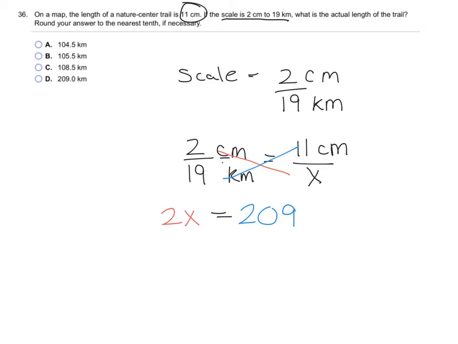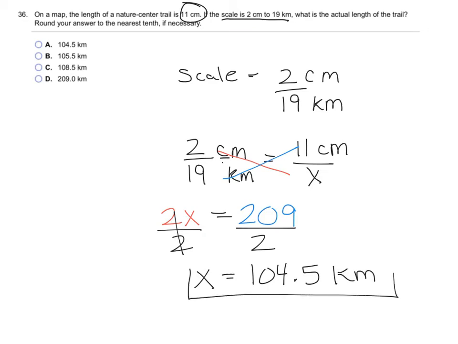Lastly, I'll divide by 2 to isolate the x. So I get x equals 209 divided by 2, which is 104.5. And this is in kilometers. That's the actual length of the trail, and this corresponds to choice A.